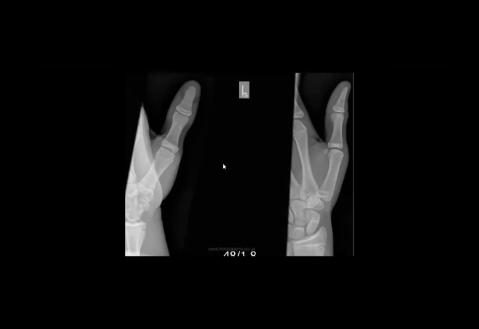So both are 4, and if it's just the upper, it will be 2, right? Lower, it will be the third one, and both it will be 4, right? So just separation or widening in the physis will be 1. Upper in the metaphysis is 2, lower in the epiphysis is 3, both are 4, right?